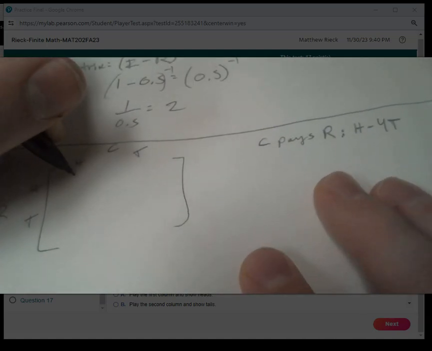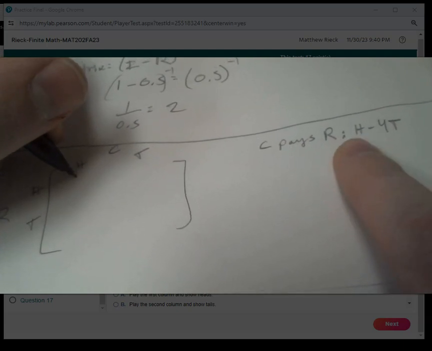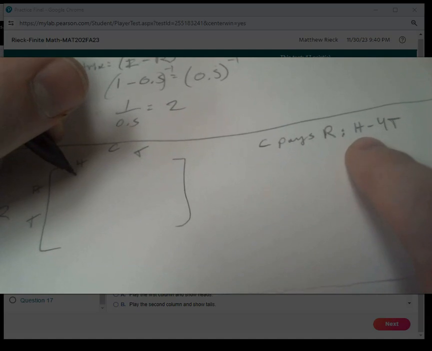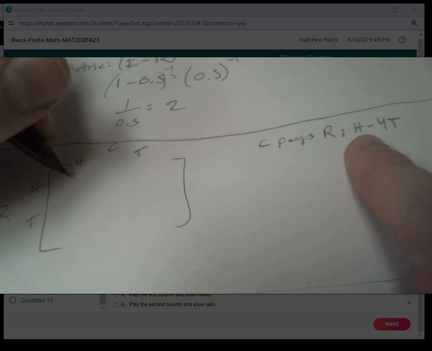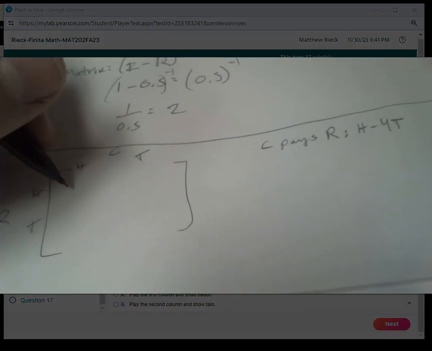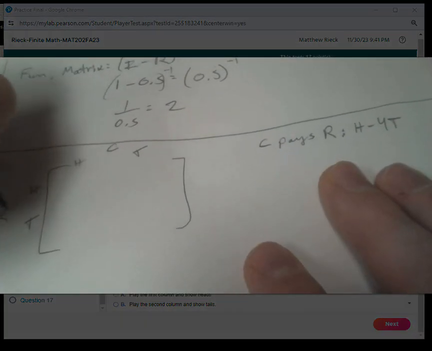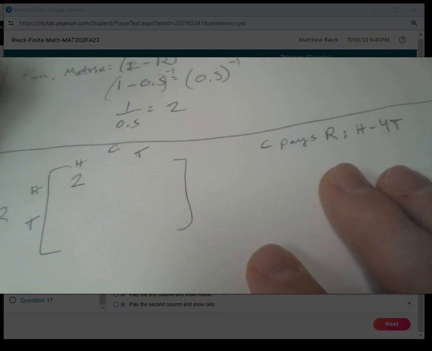So if they both play heads, we have 2 heads shown and 0 tails. So C is going to pay R 2 dollars. Again, this is looking at the payoff for R. So if C pays R $2, R is going to make positive 2.